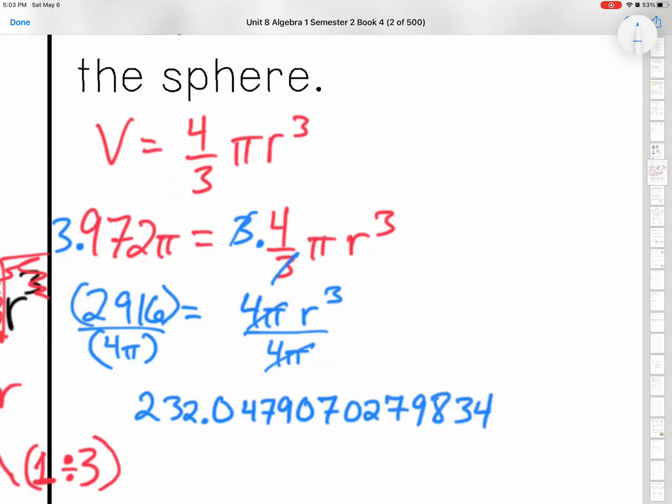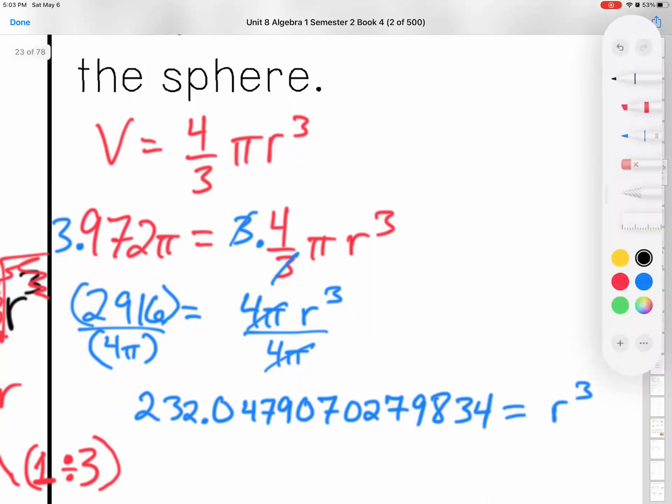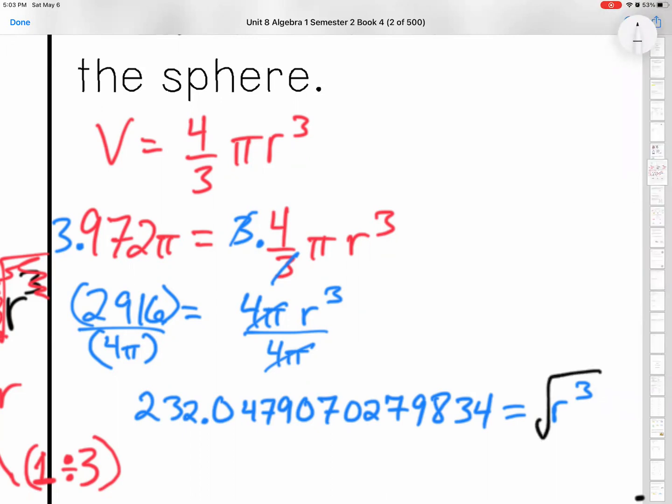So as long as I can go to get the most exact answer, equals r cubed. And then we'll go ahead and take the cube root of both sides. We're going to take the cube root of both sides.